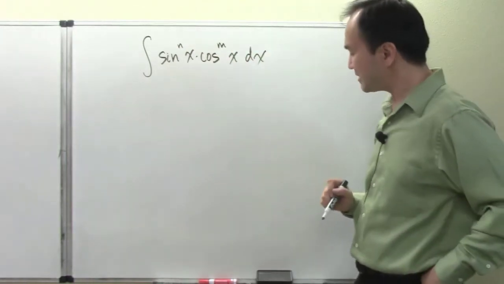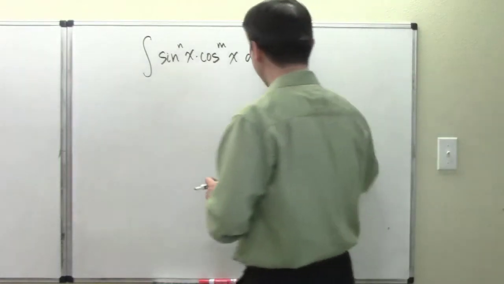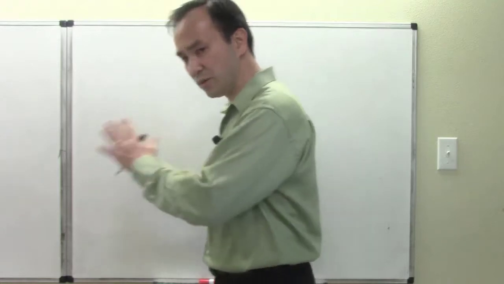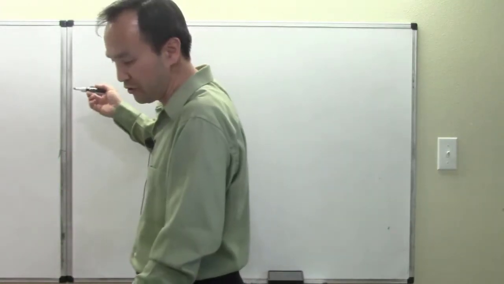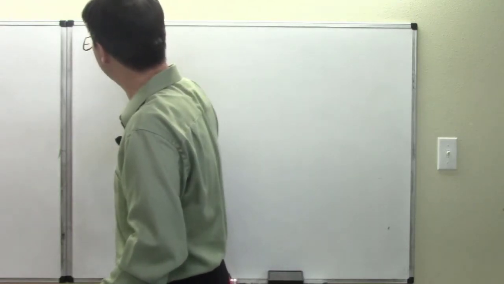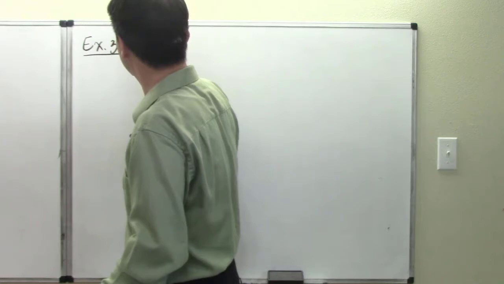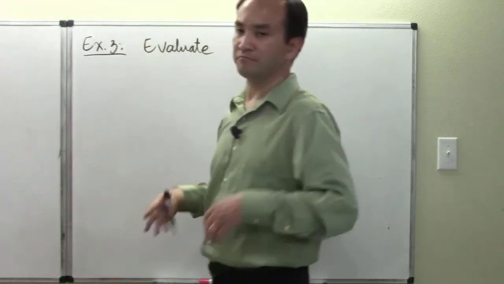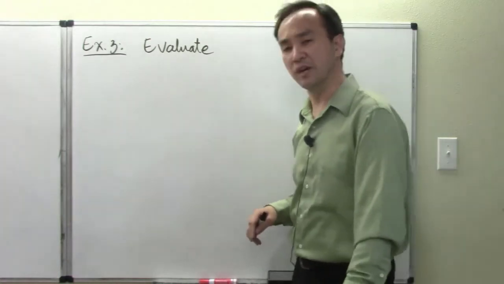Okay, and so now, to continue with the earlier example, allow me to introduce example 3 right here. Again, this is all about evaluating different integral problems given to us.